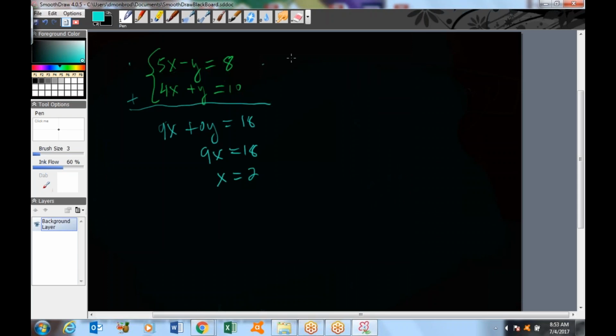Once I have that, I can pick either one of these and take that 2 and put it in to find the missing y. Any of the two equations that has a y in it, you can use to find that value. So I'm going to take this first one. 5 times 2 minus y equals 8. That means 10 minus y is 8.